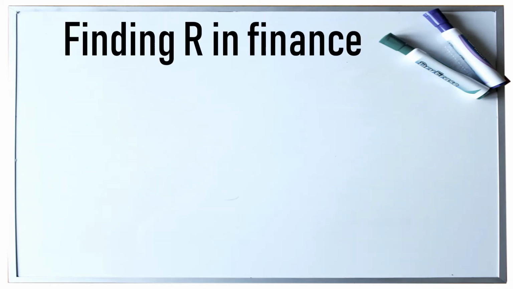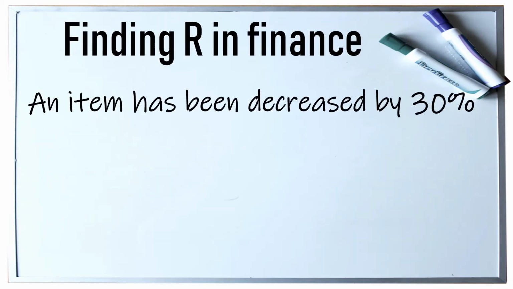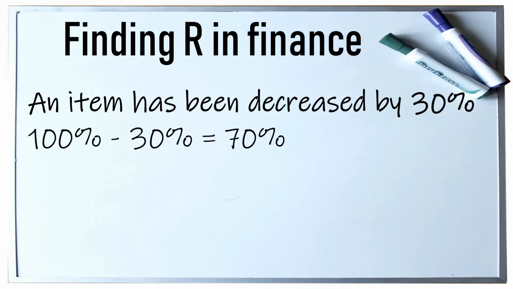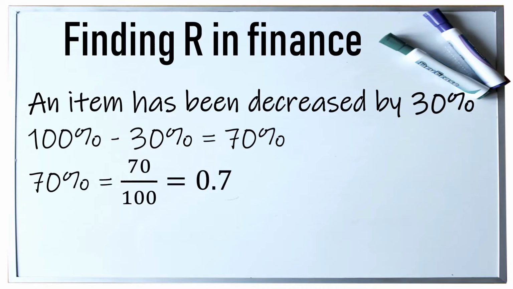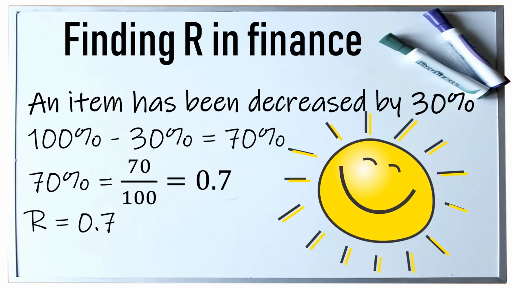In our next example, we're going to have an item that's been decreased by 30%. So this time we have 100% of the item, and then we have to take away 30%, and we end up with 70%. We can likewise turn that percentage into a fraction and then into a decimal, and that decimal ends up being the R value.